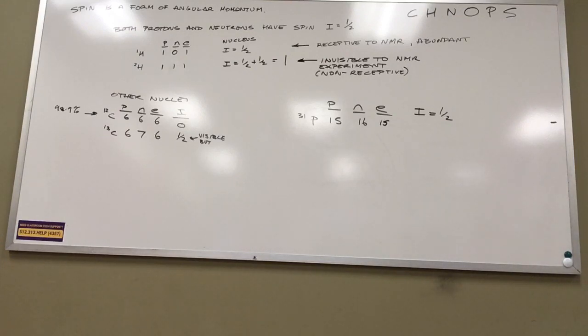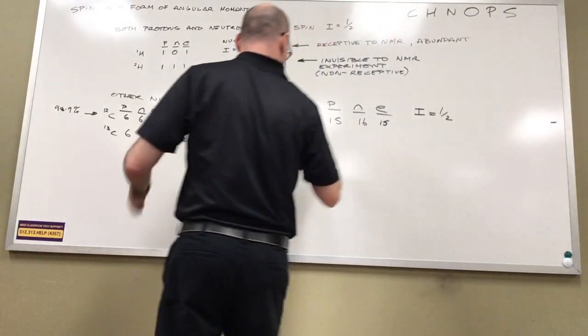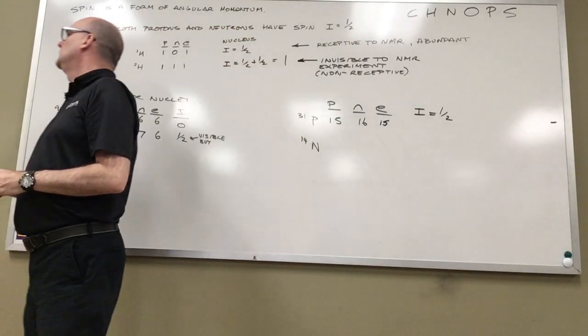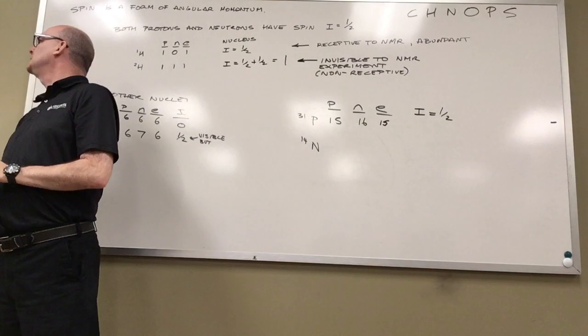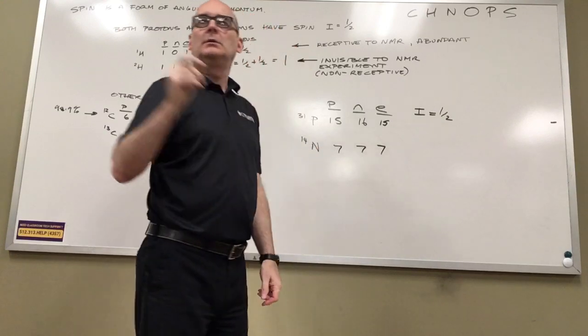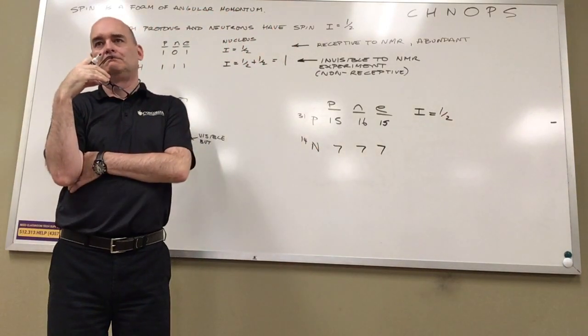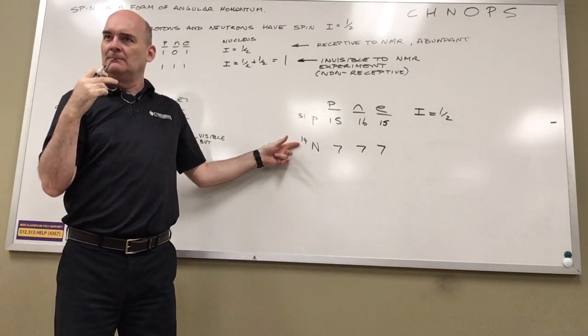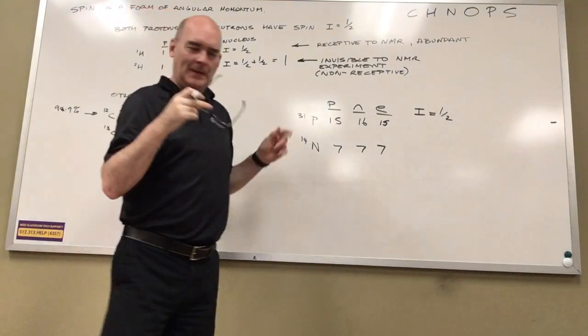Which other one? I mean, you can do an isotope of nitrogen or oxygen. Yeah, what about nitrogen? Nitrogen has an atomic mass of 14. I said that wrong. Which is 7 and 7 and 7. Two odd numbers combine to give me a mass number that is even.